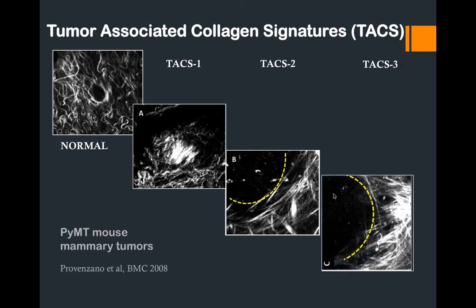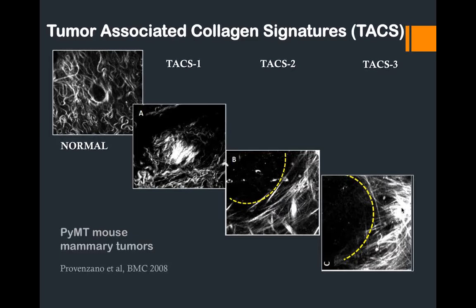But more interestingly, when we get to the later stages of the disease, where we expect to see circulating tumor cells and the development of metastases, so the cancer has progressed out of the tumor proper, we see that the tight collagen fibers that were before aligned parallel to the tumor-stroma boundary have now realigned themselves perpendicular to the tumor-stroma boundary. We refer to that as TACS3, or a very invasive phenotype.